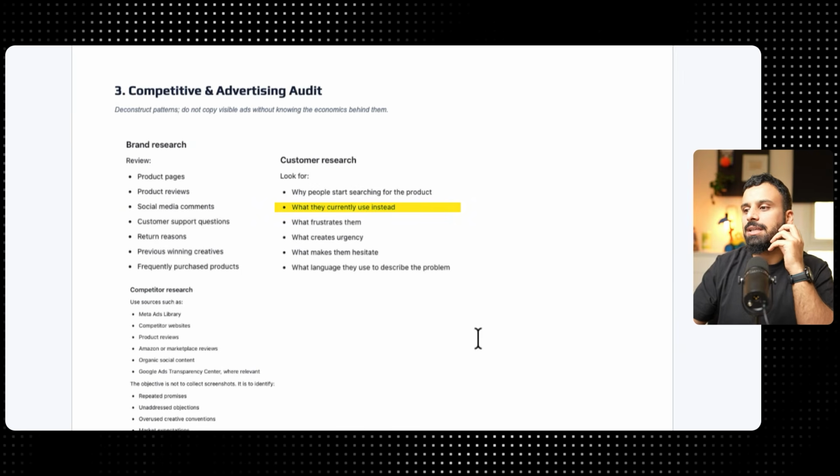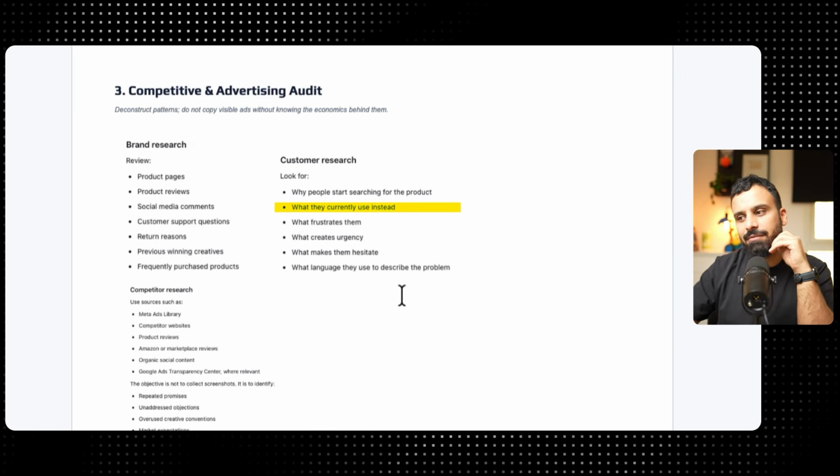Maybe in Canada, all the new house buyers buy a house and the basement is not fit out. Maybe it's very specific to Canada or a certain city, Toronto or whatever. I don't know this. So you need to research these kinds of things. Then I'll be like, oh, so all the new home buyers look for them. See, I didn't know this. You have to research this on ChatGPT and other AI tools and understand why. What are the current alternatives? What frustrates them? What creates urgency?